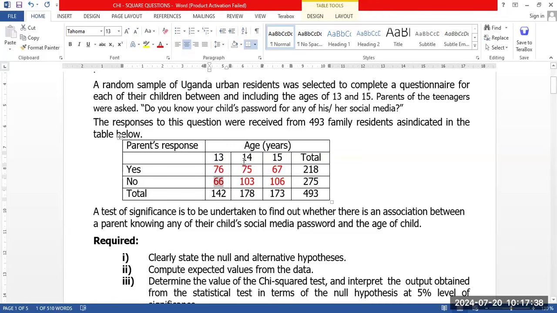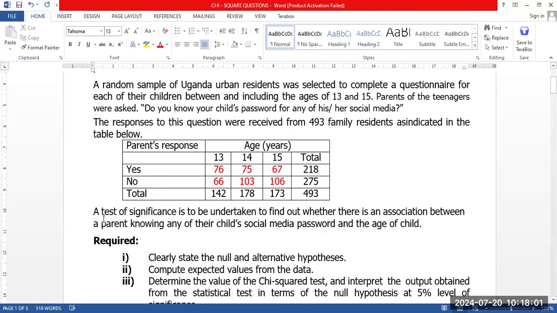Then for 14 years, you observed this, and for 15 years, you observed this. These totals are not observations. And also these totals are not observations. What you actually observed are these ones in red. Okay?